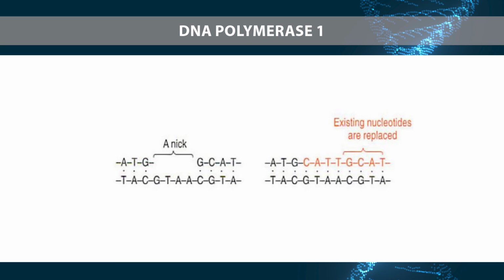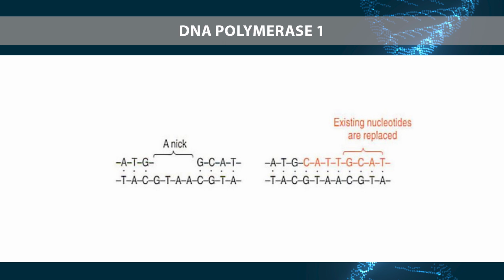Polymerases are routinely used in genetic engineering. One basic landmark example of polymerase is DNA polymerase 1, which was isolated from E. coli or Escherichia coli. Here we can see in the figure a double stranded DNA with a nick in between.